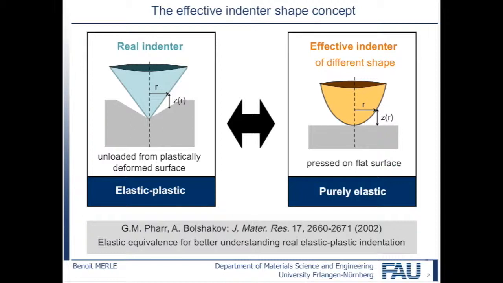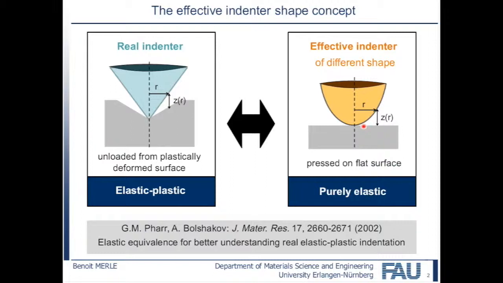Of course the second situation is easier to account for. Specifically, you can better understand the shapes of the unloading curve, and you could calculate more easily the stress field below the indenter.